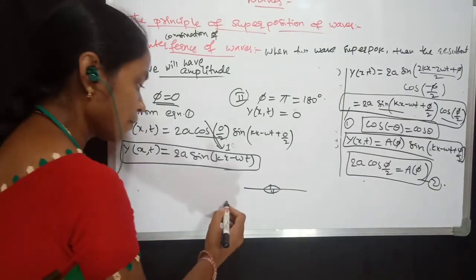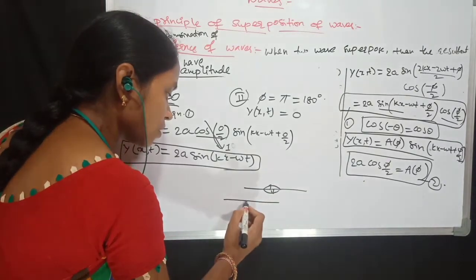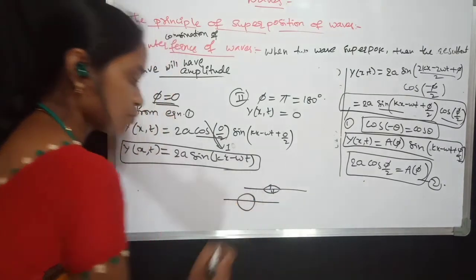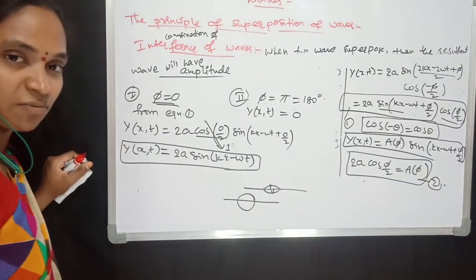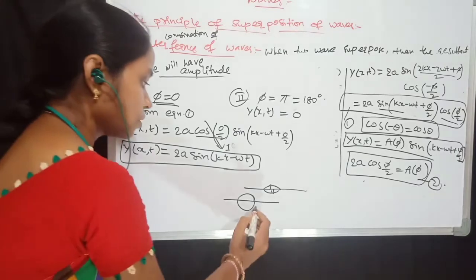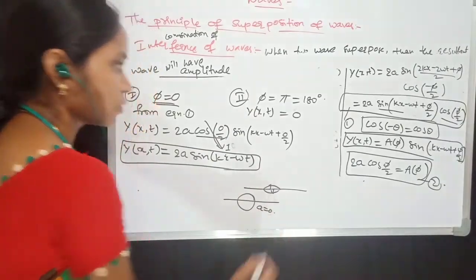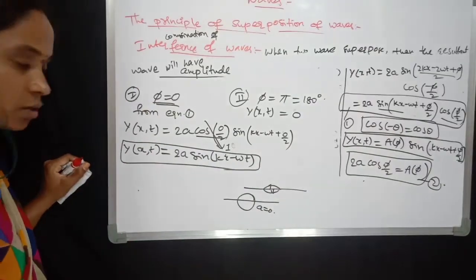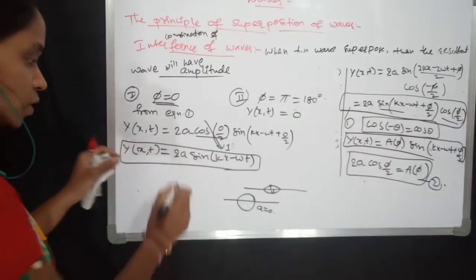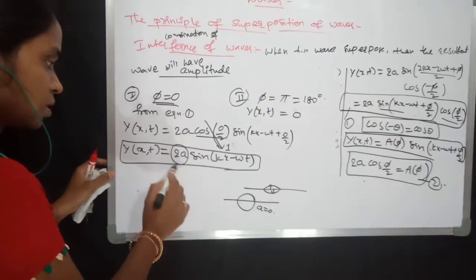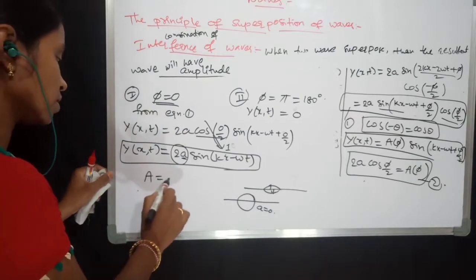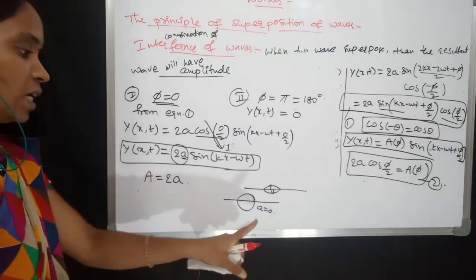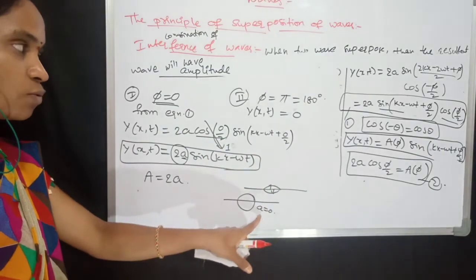That means there is no displacement of the particles at this position. As the displacement will be 0, the amplitude will be equal to 0. Here in this case the amplitude is twice the initial amplitude, and in this case the amplitude will be equal to 0.